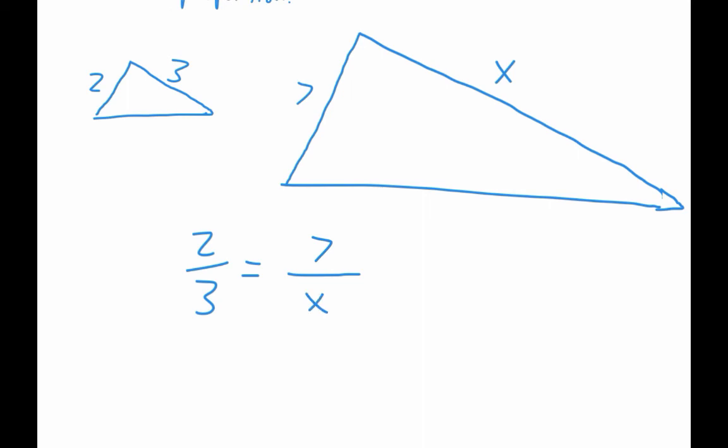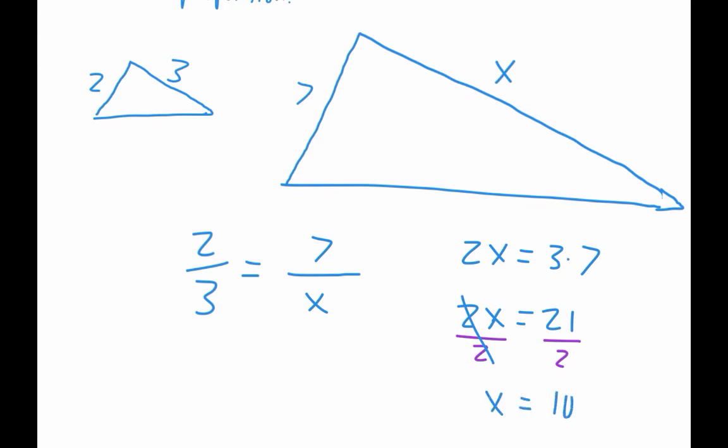Now I could solve for x in a couple different ways. One would be to say 2 times x equals 3 times 7. 2x equals 21. And then divide both sides by 2. So x then has to be 10.5.